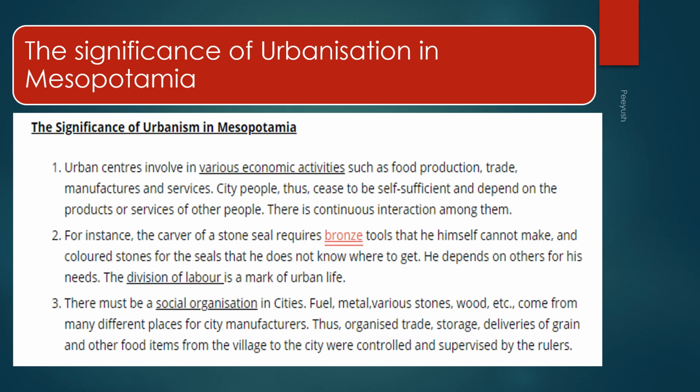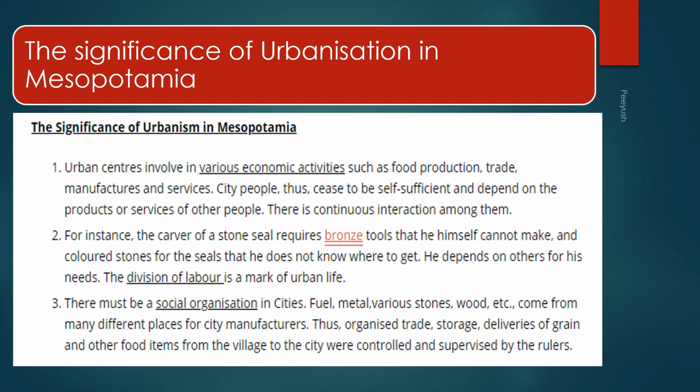Everyone was dependent on others for the fulfillment of their needs. If somebody, like in this example, is a carver of a stone seal, they required bronze tools which they did not produce, so they had to depend on the toolmakers for their work.